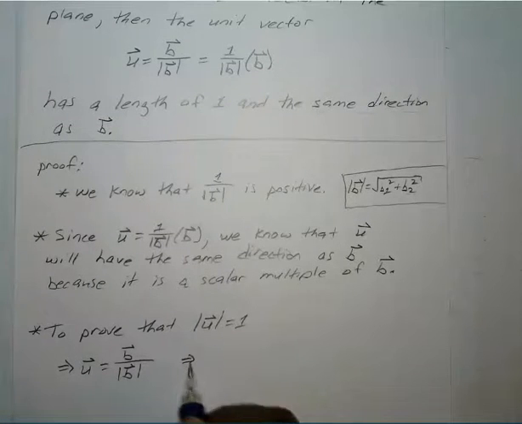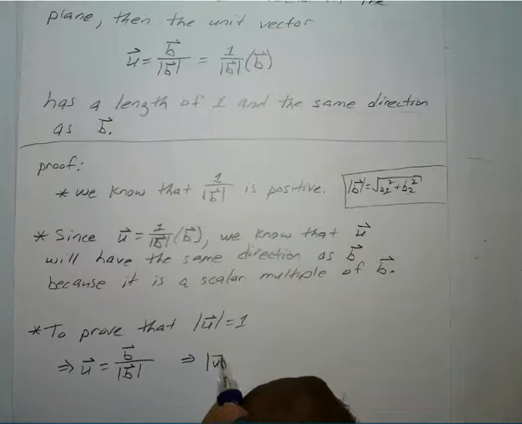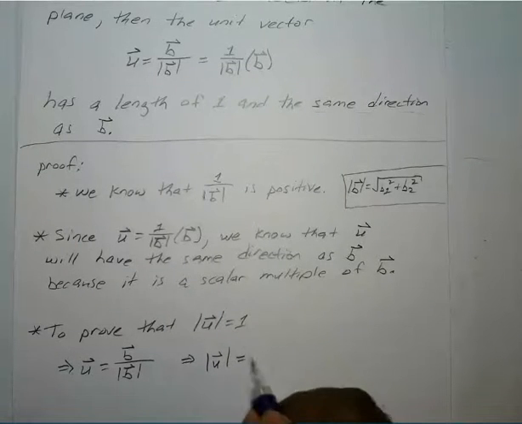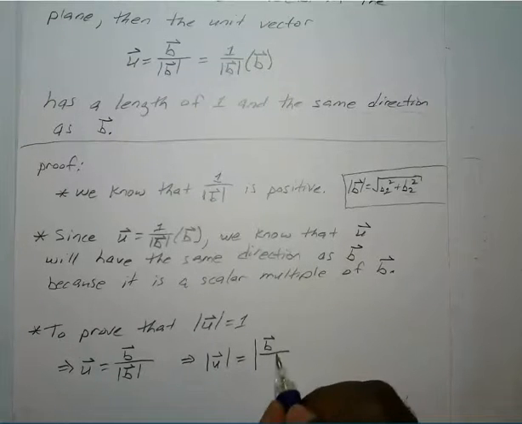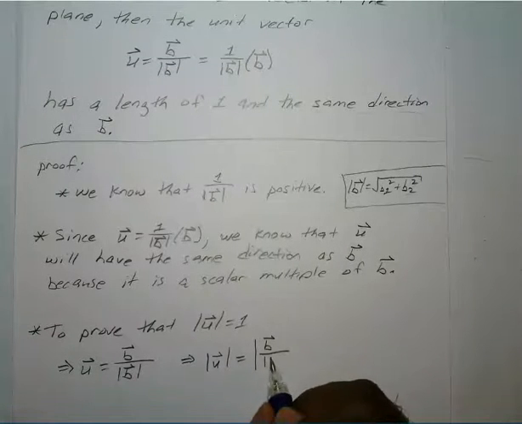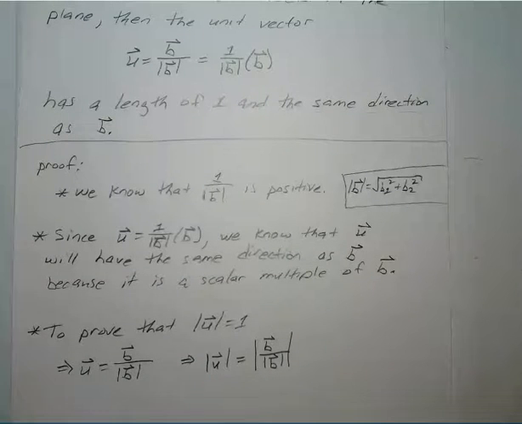So if we take the magnitude of both sides, we have the magnitude of the u vector, which equals the magnitude of the entire thing, the b vector divided by the magnitude of the b vector.